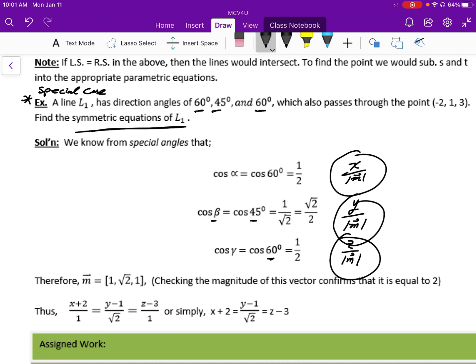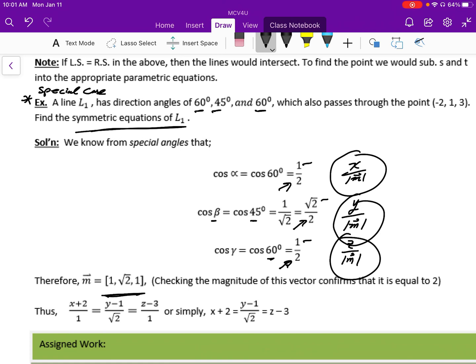So when we rationalize the bottom in the second one here, we can see that we're getting the magnitude of 2. If we look at x, y, and z being 1, root 2, 1, like we have here, we check the magnitude is correct. That means this is the direction vector.